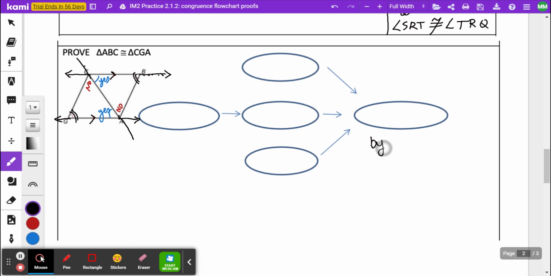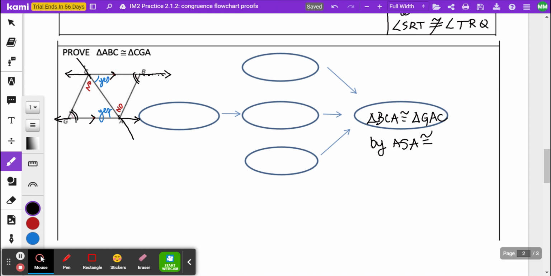So by angle, side, angle congruence. And let's write our triangle congruent statements. Triangle BCA is congruent to triangle, and B corresponds to G, so I have to say G. C corresponds to A, so I have to say A. GAC.